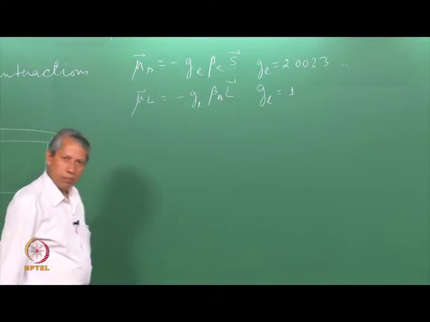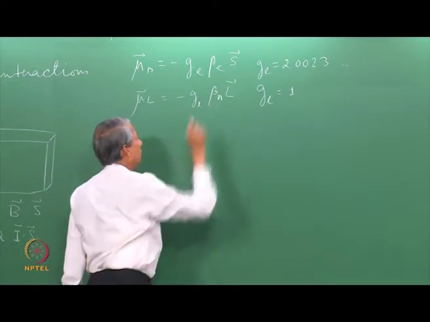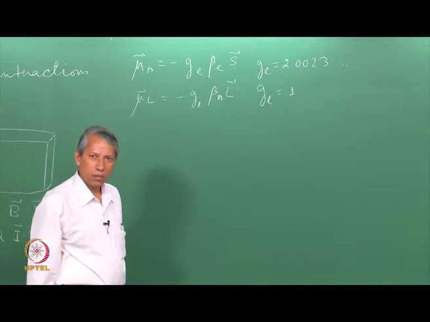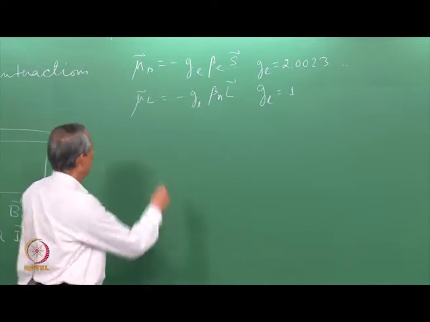Now, if a paramagnetic species has both these angular momenta, then they can combine together according to the quantum mechanical rules of addition of angular momentum.